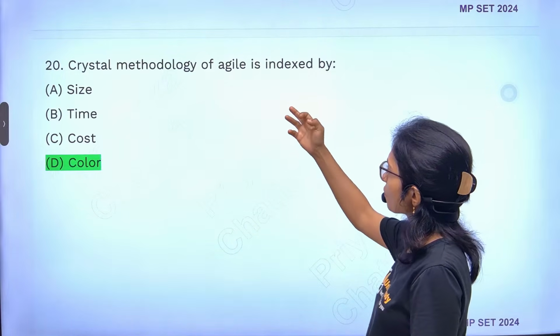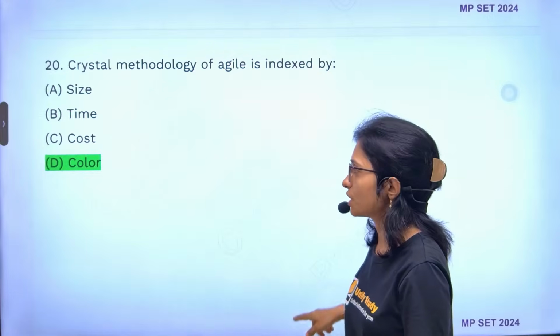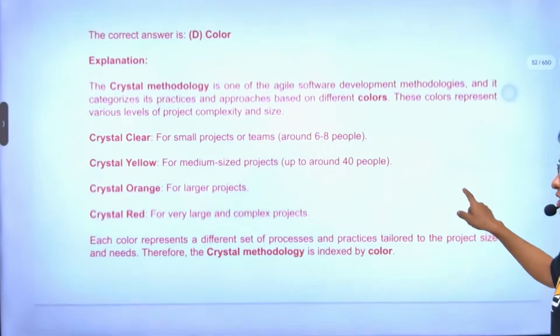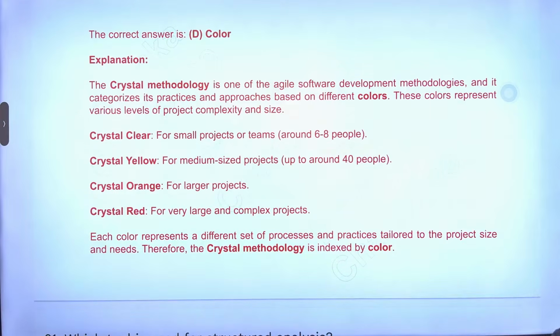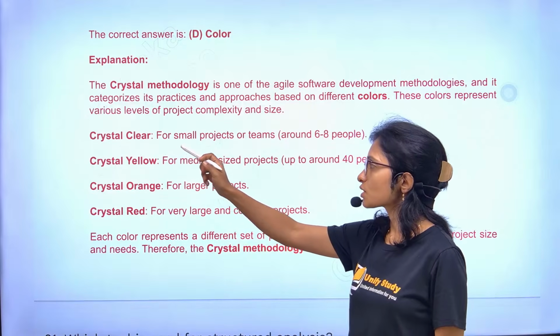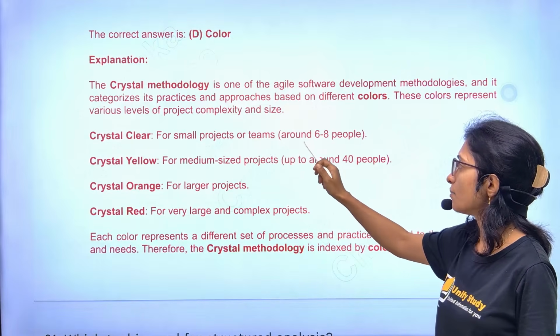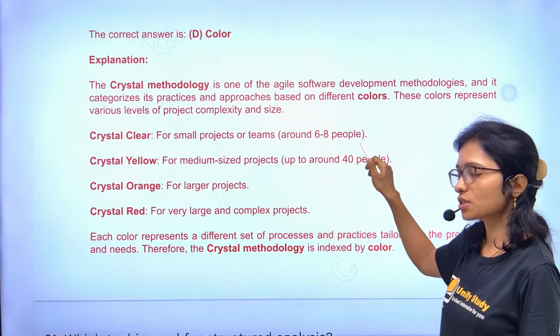Crystal methodology of Agile. Index is color. What is the meaning of crystal methodology? Here you can see that this is the crystal methodology. It is one of the Agile software development methodologies, and it categorizes its practice where different colors have different meanings. Crystal clear is for a small project or team, around 6 to 8.